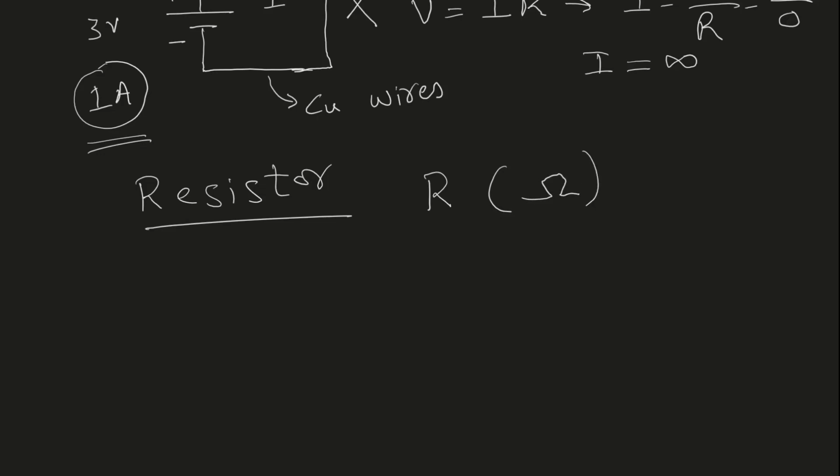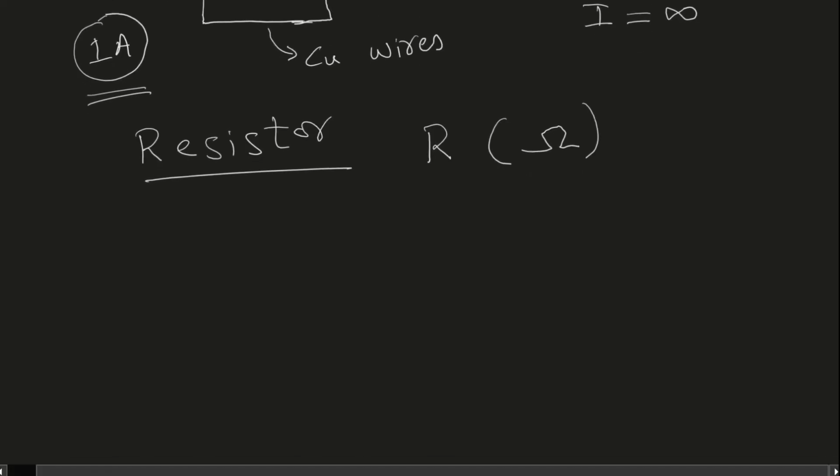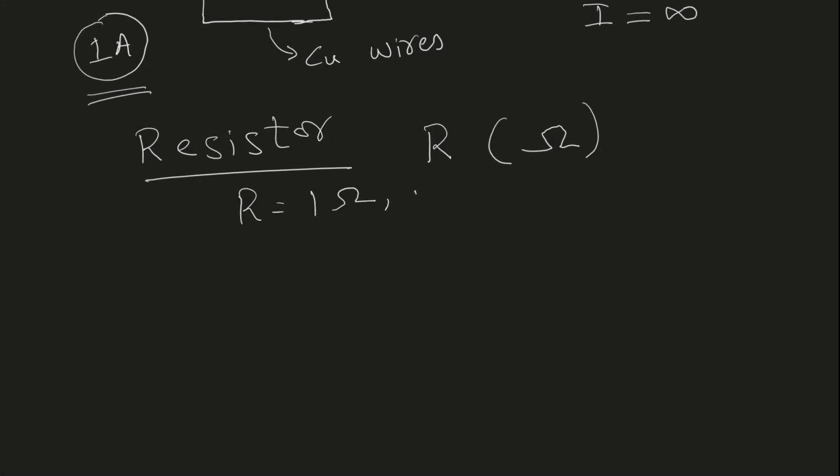Now, a resistor can be, for example, 1 ohm or 10 ohms or 100 ohms. Resistors come in different values, and we can have very large values of resistance and very small values of resistance as well. The purpose of the resistor is to impede the flow of current.